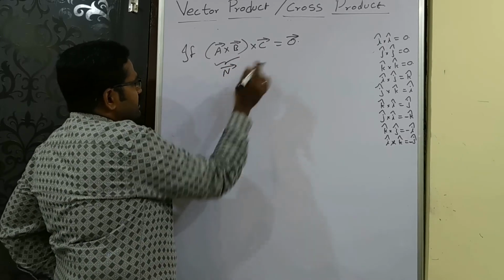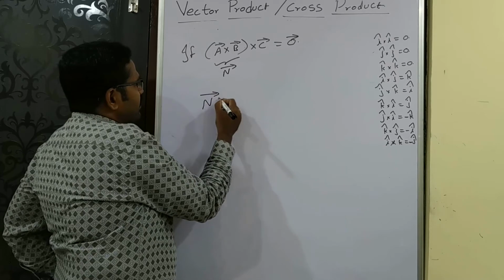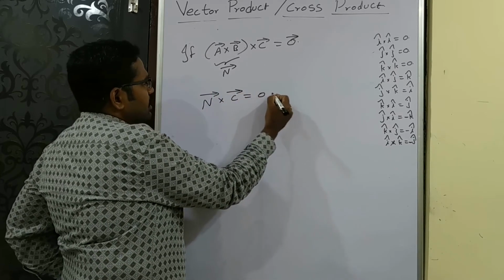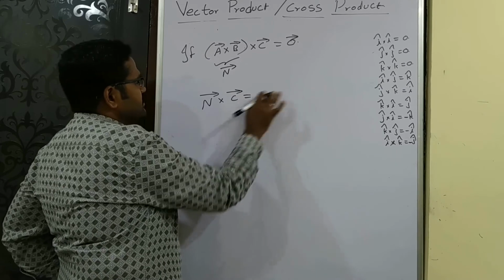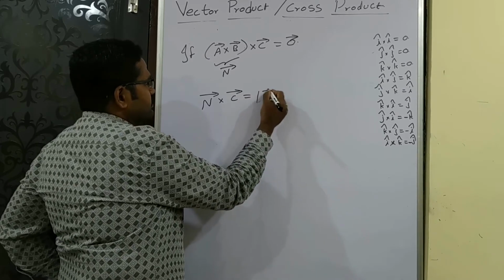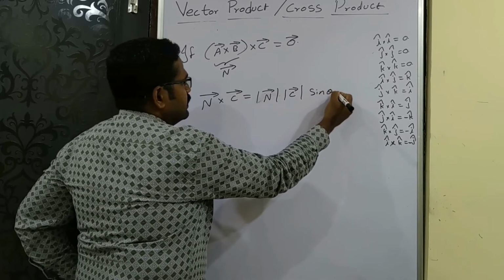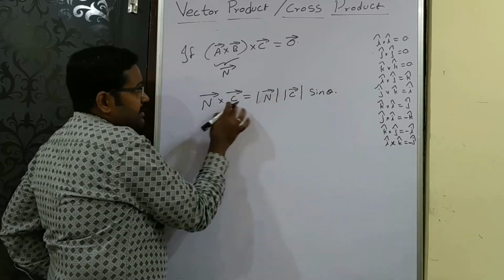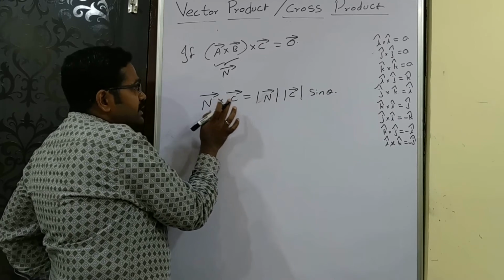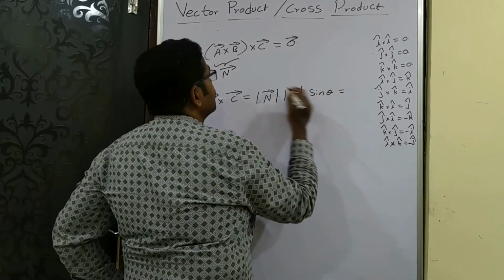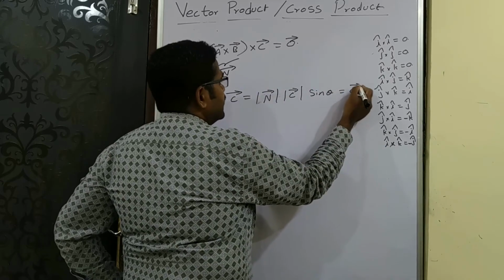So what is given here is vector n into vector C is equal to 0. We know that vector n into vector C is mod of n, mod of C, sin theta. Theta is the angle between C and n, into this is equal to 0, null vector.